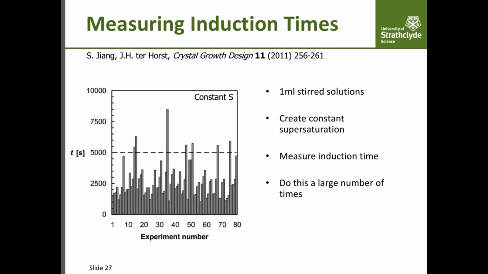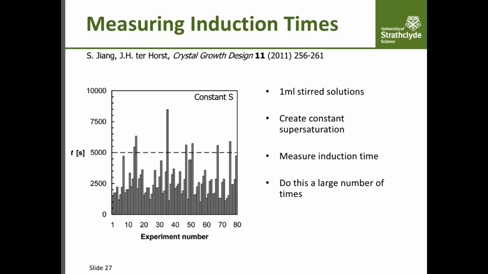So that would result in a graph like this, where I plotted the induction time as a function of the experiment number. So under exactly the same conditions, we get a large variation of induction time. They vary from roughly 1,000 seconds to 10,000 seconds. They are the same conditions, but the stochastic behavior of nucleation is responsible for this variation.